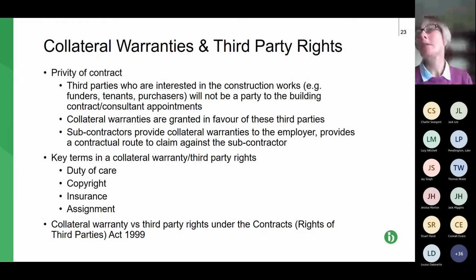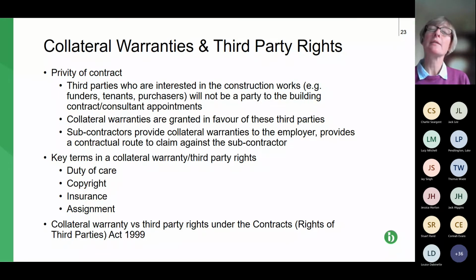As far as a defect is concerned, the reason that, for example, a funder needs a collateral warranty is, for example, the original developer, who was the client, goes into liquidation. The funder is left holding this building because it's funded it all and it'll have a security over it.